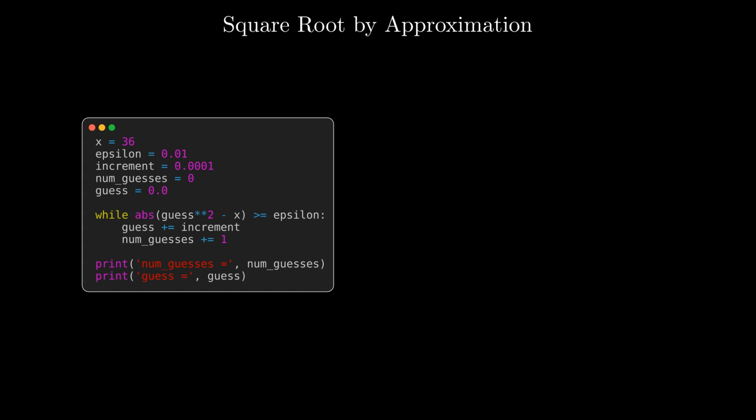In plain English, while our guess is not yet within epsilon, keep guessing. The condition is, while the absolute value of guess squared minus x is greater than or equal to epsilon, we are still too far away. Inside the loop, we make a new guess by adding the increments, so guess goes 0, then 0.0001, then 0.0002, and we bump the counter each pass.